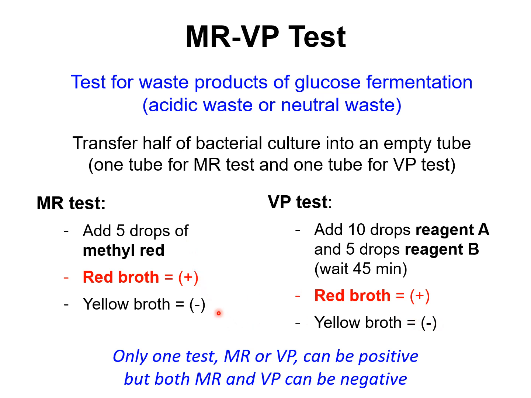So negative for both is absolutely fine. But when it's a positive result, only one of the tests, either methyl red or VP, because either it's going to produce an acidic or it's going to produce a neutral waste.